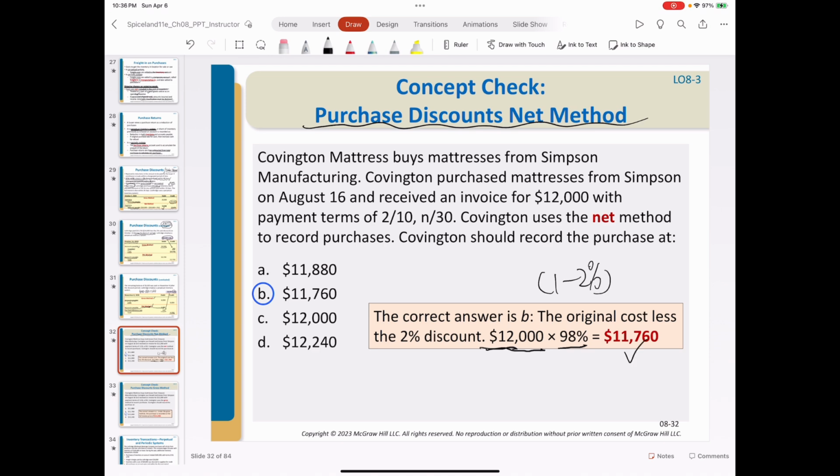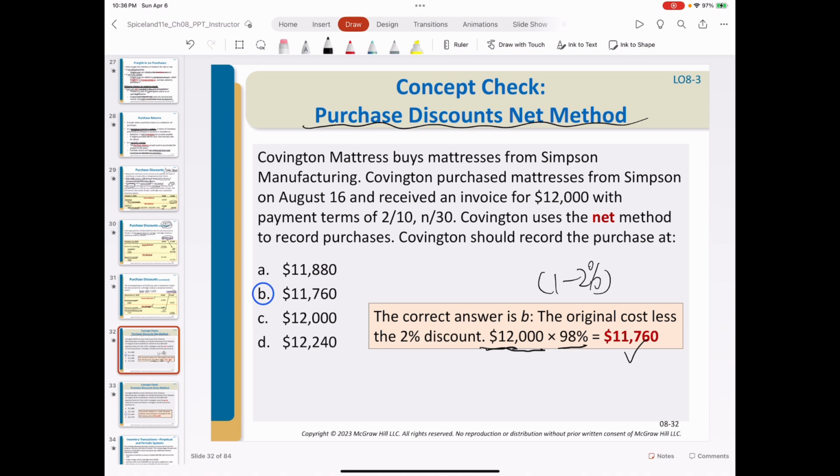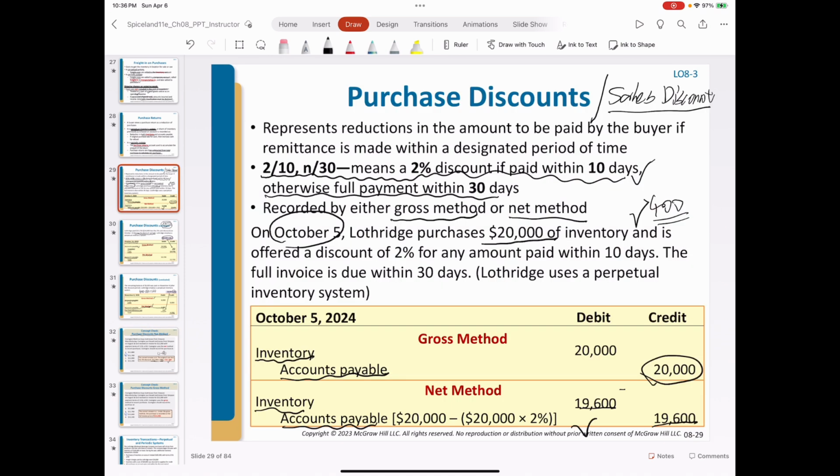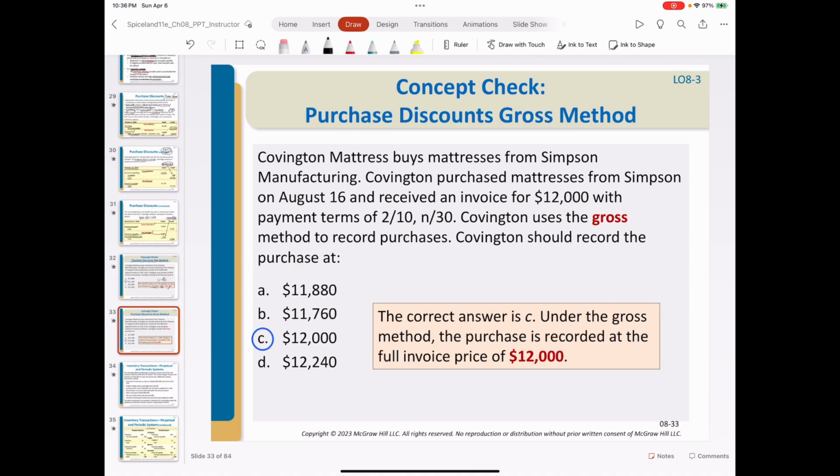You get this. Then following this journal entry, you will debit inventory, credit accounts payable for $11,760. In other words, the purchase here is reported as $11,760.